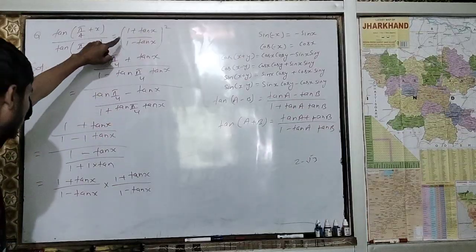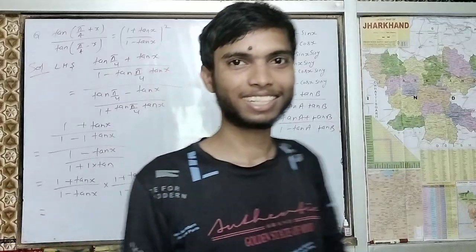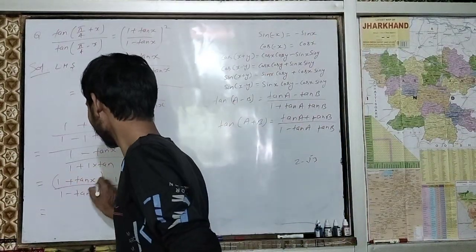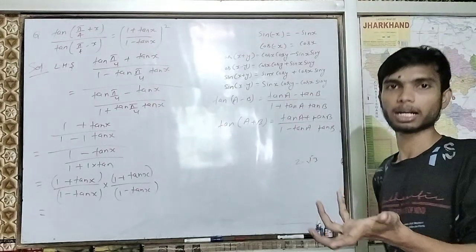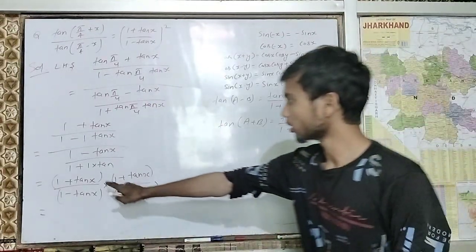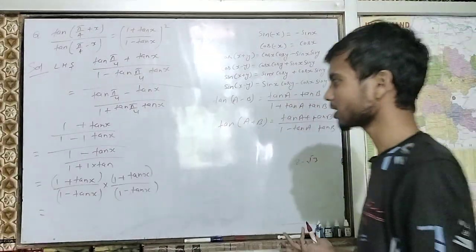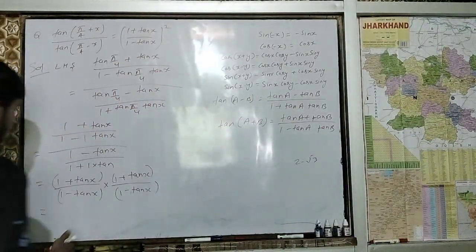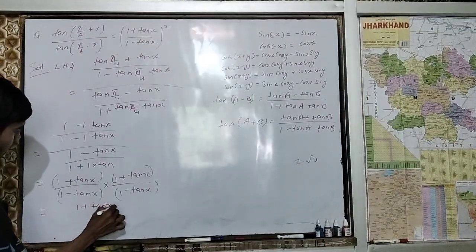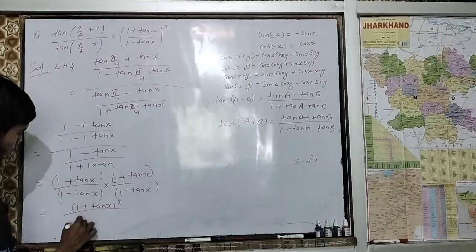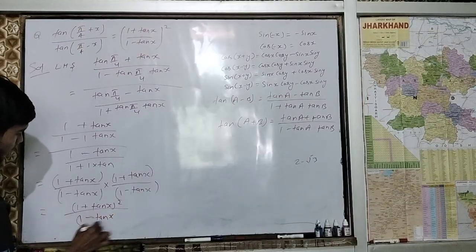We need this much. Here we know that (a plus b) into (a plus b) is in bracket. Here we are observing one algebraic identity. This is a plus b whole square. So 1 plus tan x, it is in a square, then upon 1 minus tan x, it is in a square.